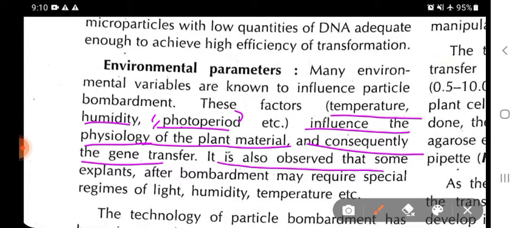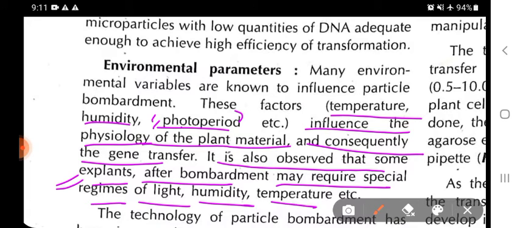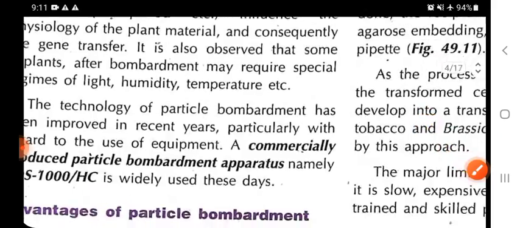It is also observed that some explants after bombardment may require special regimes of light, humidity, and temperature. It has been observed that after particle bombardment of target plant cells, there is a difference in their uptake capability, humidity, and temperature.